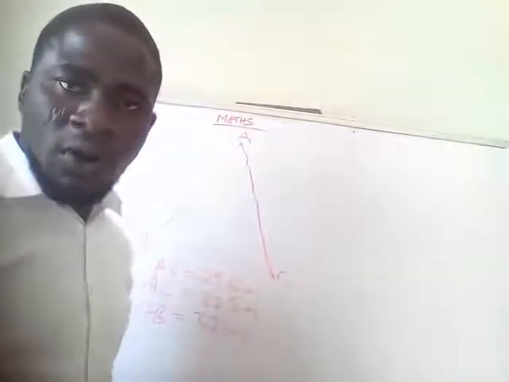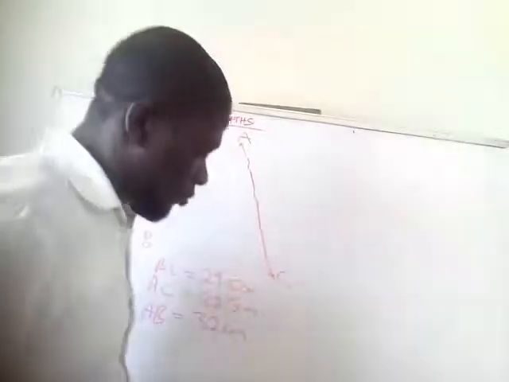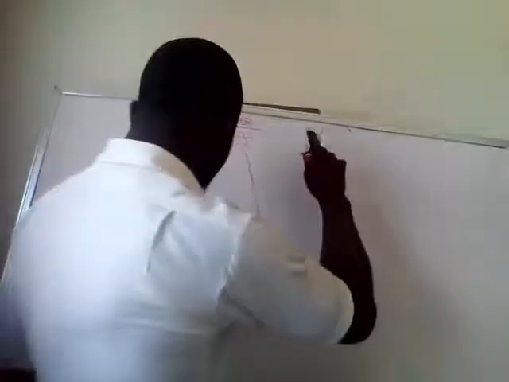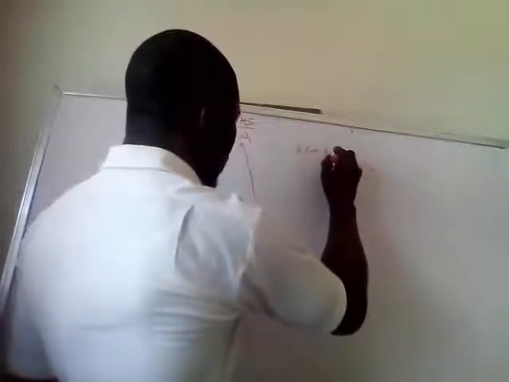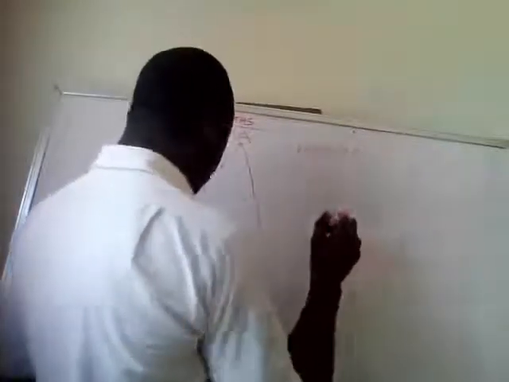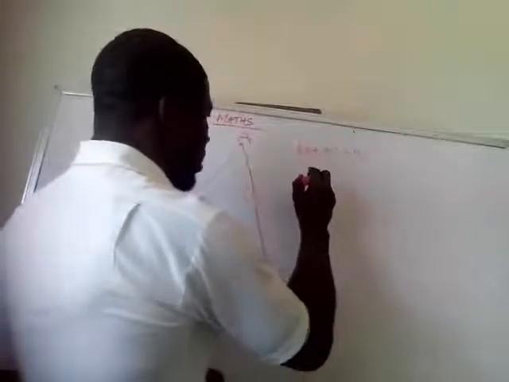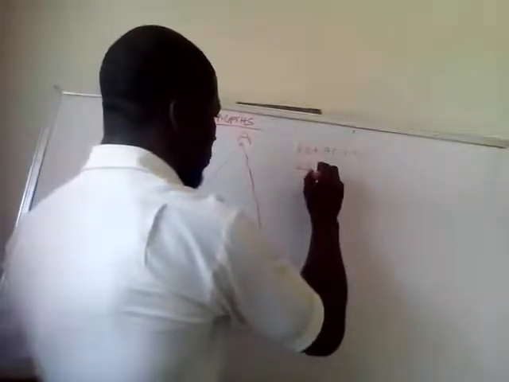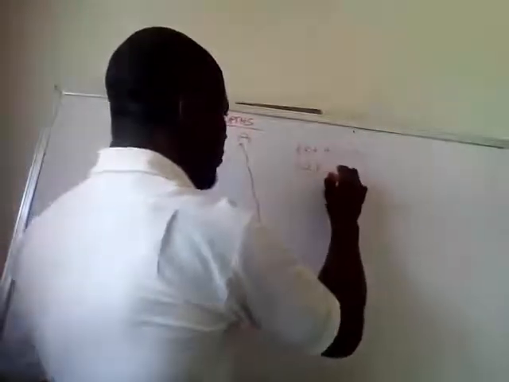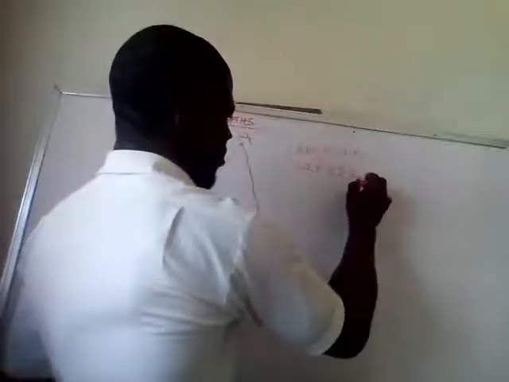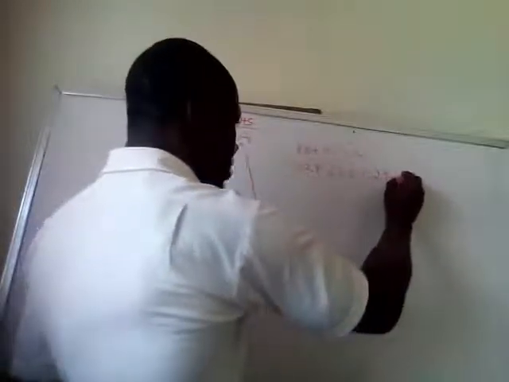So like I did before, what you will do now is to add these values. I want to add it on the right hand side. You have AB plus AC plus BC, which is 32 plus 32.5 plus 29.5.